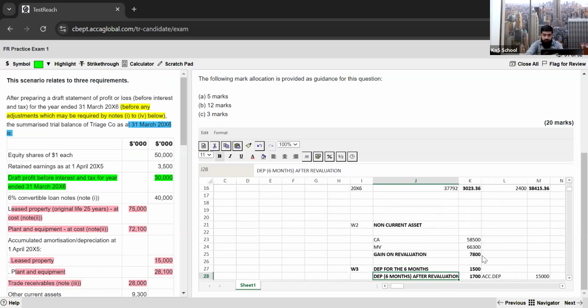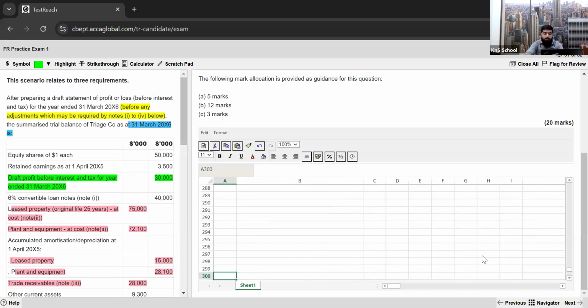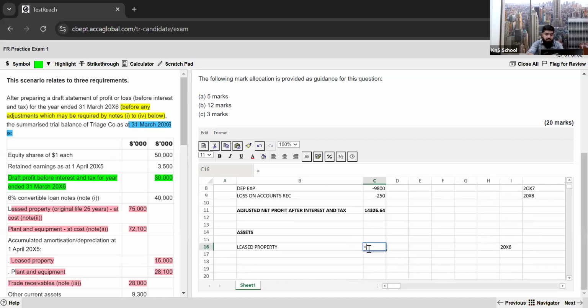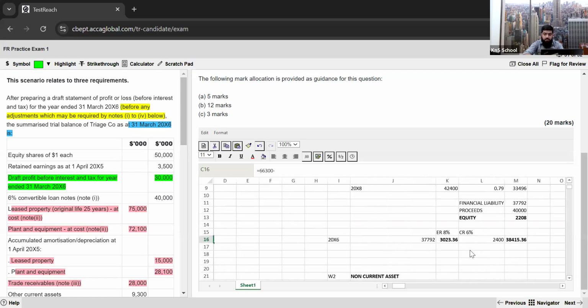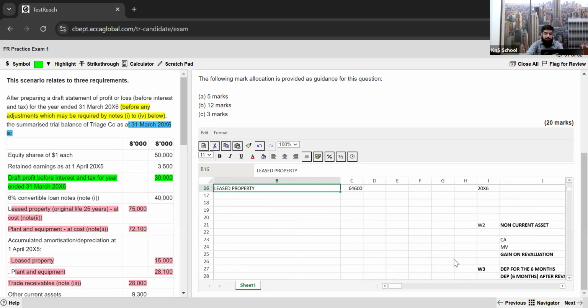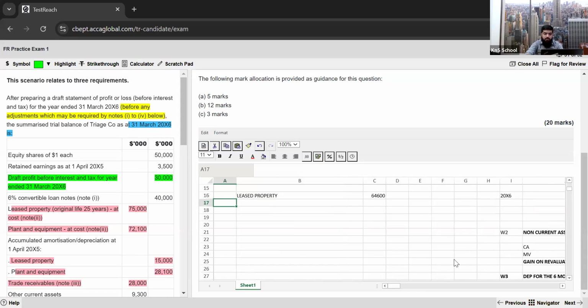It is revalued to 66,300, and the depreciation for the last 6 months will also be calculated. So 66,300 minus the 6 months depreciation of 1,700. So the carrying amount of the lease asset is 64,600.